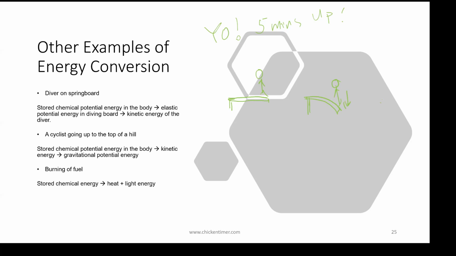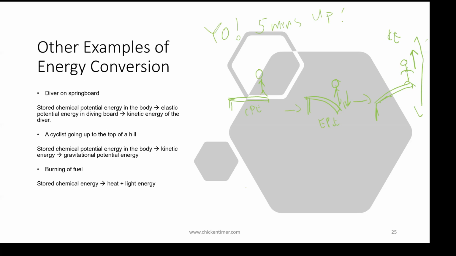Then energy from the diving board will be released, and then you go this way. Then the diver would go up and then fall down. So here you have chemical potential energy, then it becomes elastic potential energy. Because the very instant he moves, it becomes kinetic energy. So energy gets converted in this manner.